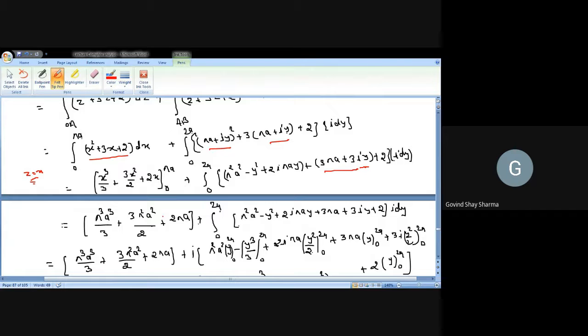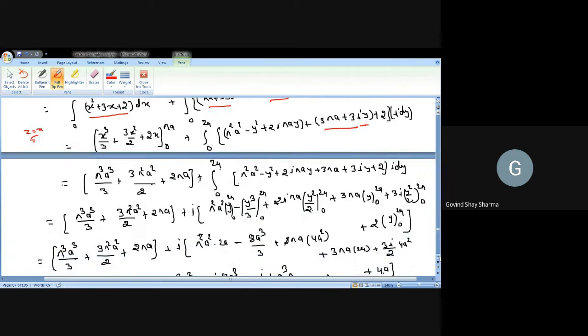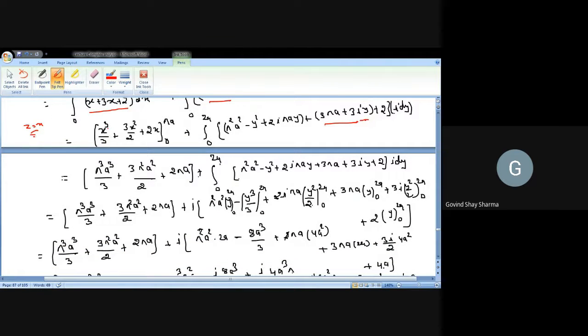We can solve this easily. So x³ converts into π³a³/3, 3π²a²/2 + 2π. Put the value and segregate them down. Only simplify and put i dy.